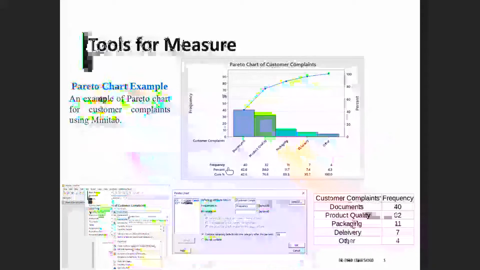The frequency is listed here as in the table, and the percentage of the occurrence of that frequency also appears in the second column. Then the cumulative percentage, and here is where you can find the 20% of the causes, in the third row.